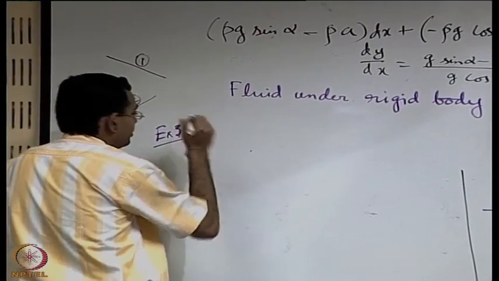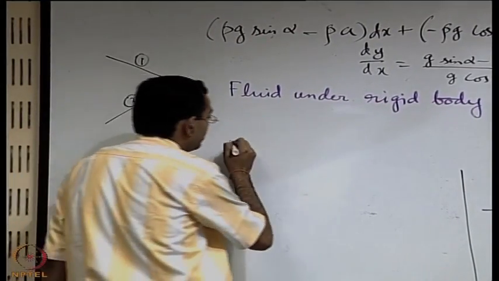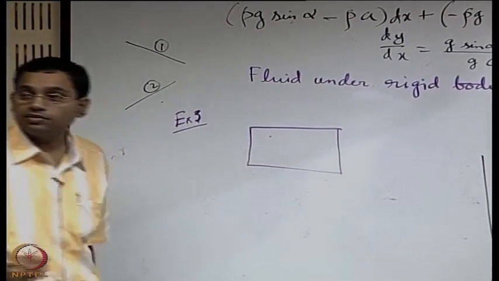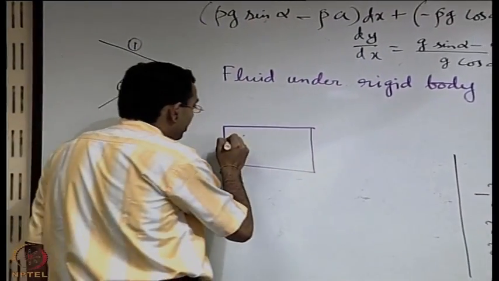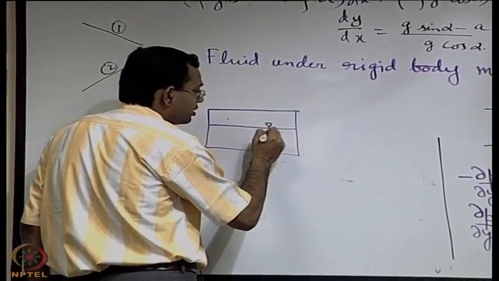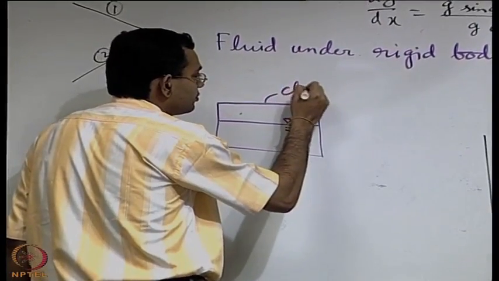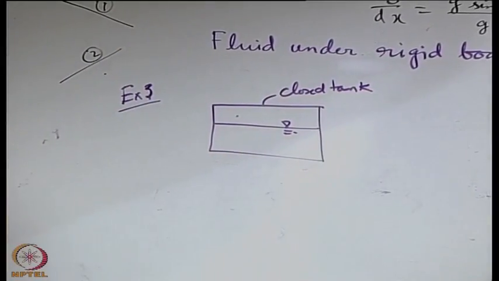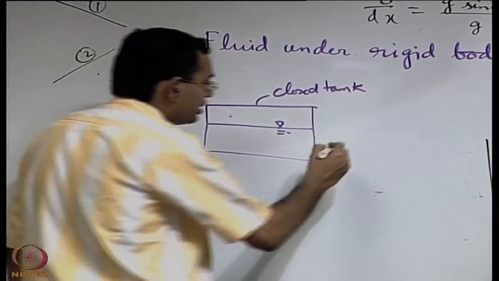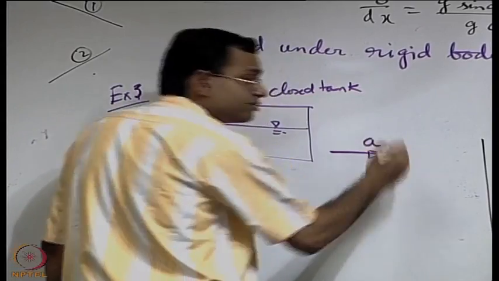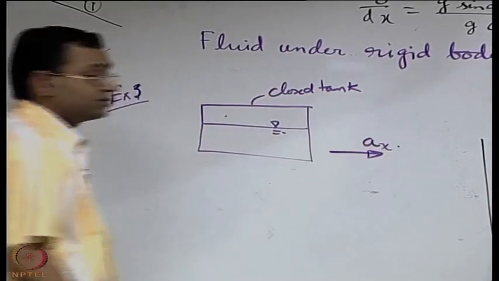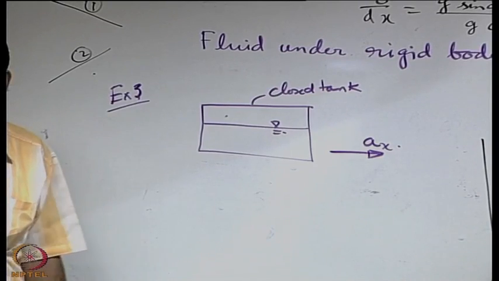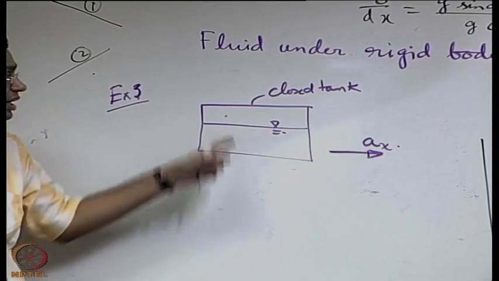Say example 3. Now let us say you have a closed tank, partially filled with water, this is closed. Again you are doing the same thing, accelerating it along x. What will happen to the free surface? Now there cannot be any spilling.